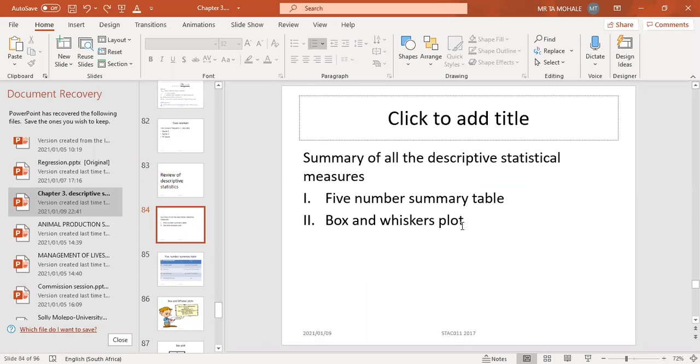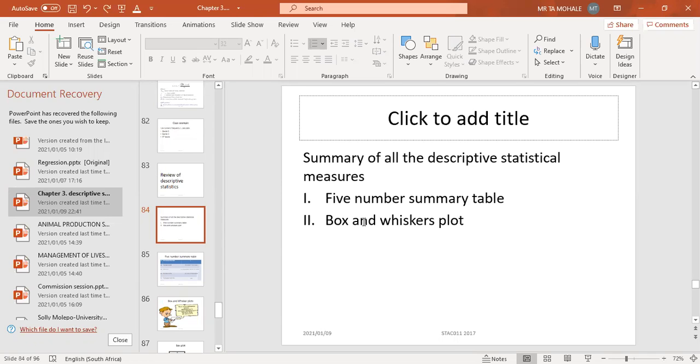Do you know what they can do when it comes to the box and whiskers plot? They know you won't be able to draw because your question papers will be multiple choice. So they will give you the information and ask what the outliers are, or what the extreme outliers or the suspect outliers are in this data set.